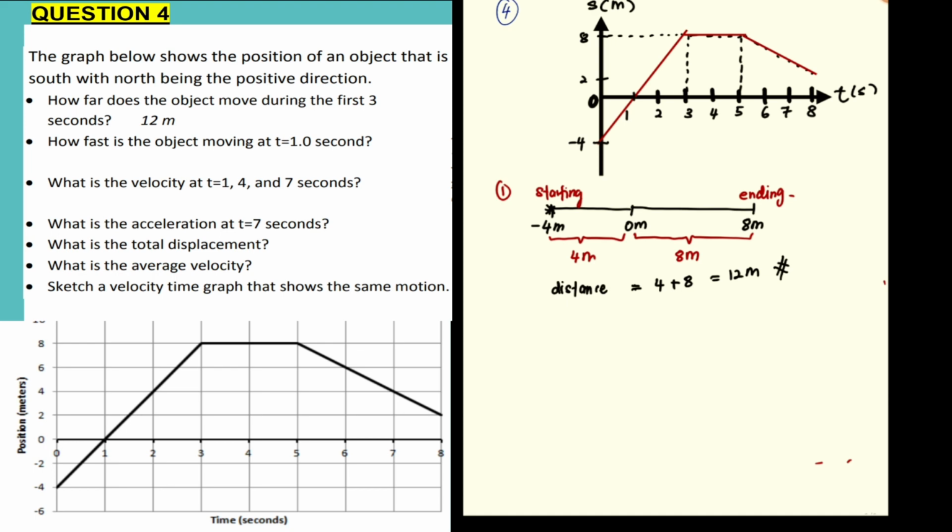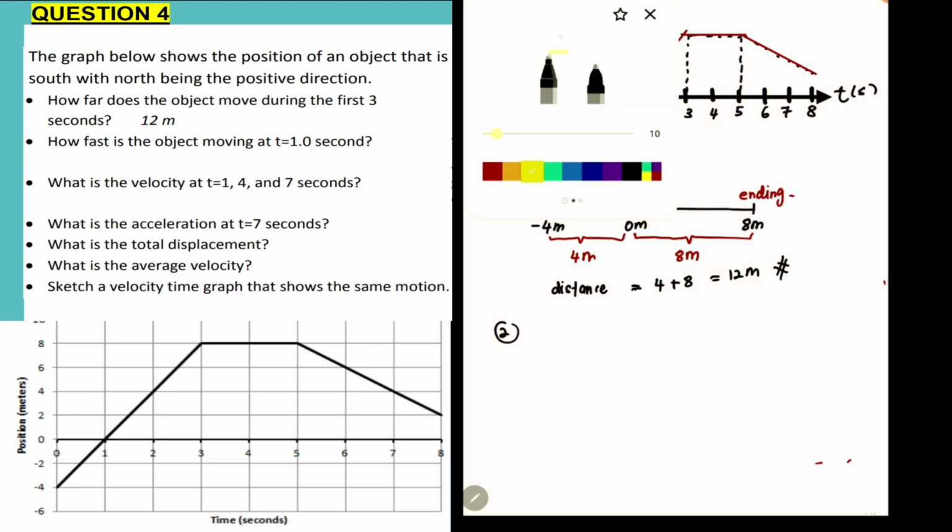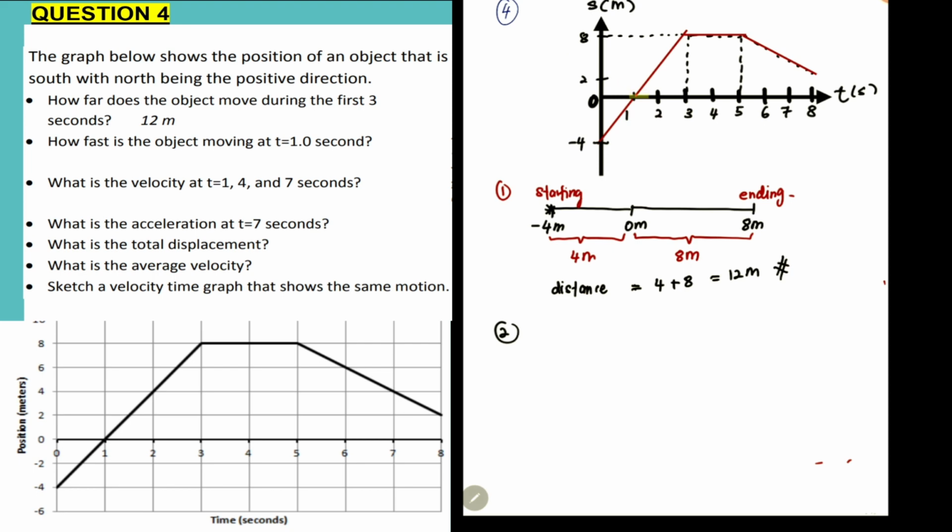How fast is the object moving at 1 second? So we want to calculate the speed, the velocity at 1 second here. So we need to calculate the gradient.